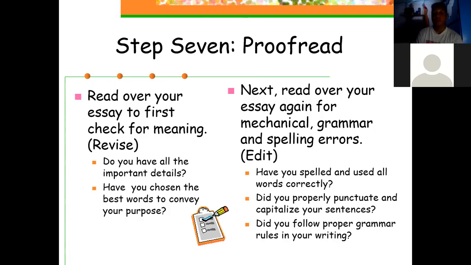Grammar and spelling errors are very important to edit, because we can have a clear idea, but other people read your essay. And check the real meaning of your ideas, so there is no confusion about the topic, right?